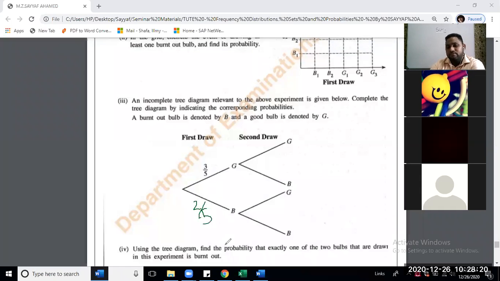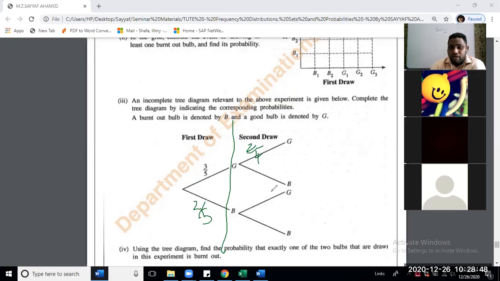bulbs. And when it comes to the second row, in the upper branch, we assume the good bulb has been taken out because they are not replacing. So the 5 drops to 4, and since we are assuming the good one has gone out, there are 2 left with the good ones.